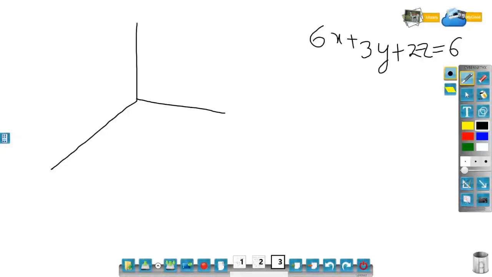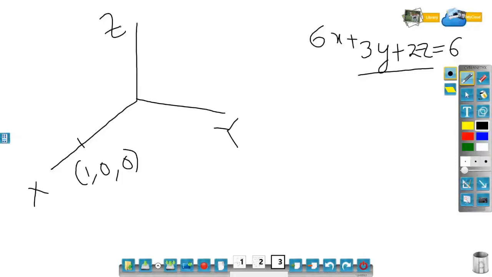Now let me take 3 points from this plane to draw the geometry. If I take y and z as 0, 0, then I will get the x coordinate as 6, because x is equal to 6. So 6 comma 0 comma 0 is a point from the tetrahedron. This is x axis, this is y axis, this is z axis. Let me evaluate another point.